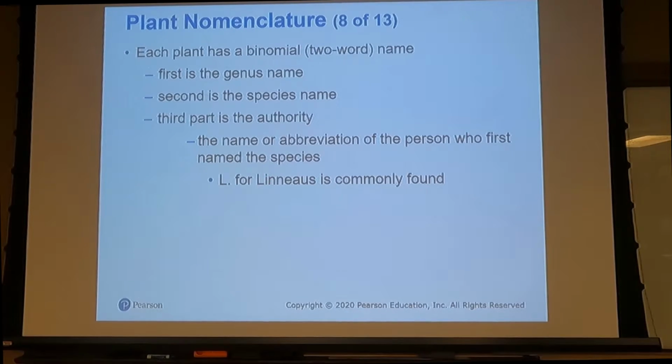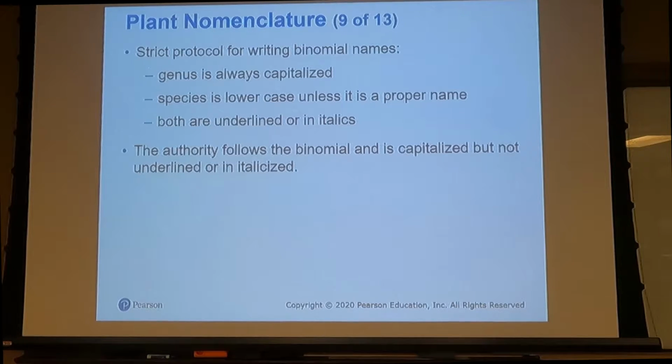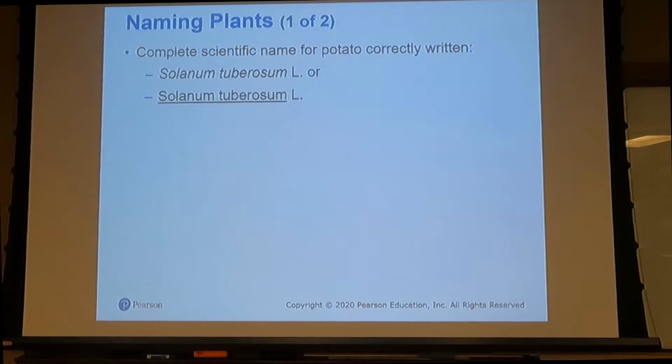It's typically L for Linnaeus, but there are different ones. The genus is always capitalized, species is lowercase, and they're either underlined or written in italics. The authority follows the binomial, is capitalized, and is not underlined.